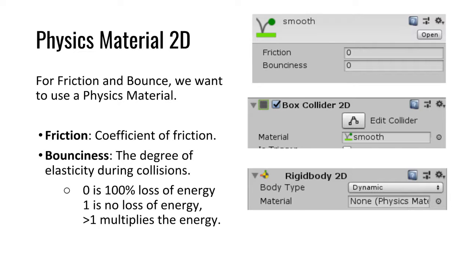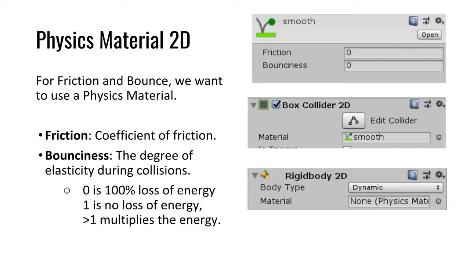If your bounciness is at 1, then there's going to be no loss of energy, and you're going to bounce forever at the same height that you started. Anywhere in between those is going to be basically losing that amount of energy. So if it's at like 0.5, you're going to be losing half your energy every bounce. If it's at 0.25, you're going to be losing 75% of your energy, and so on and so forth.